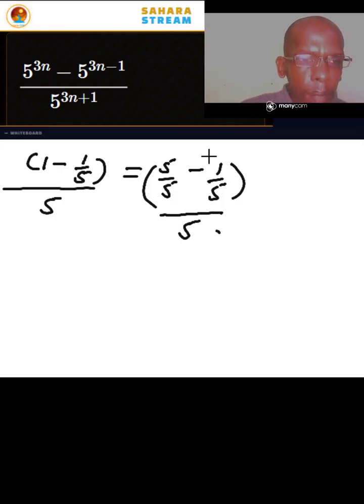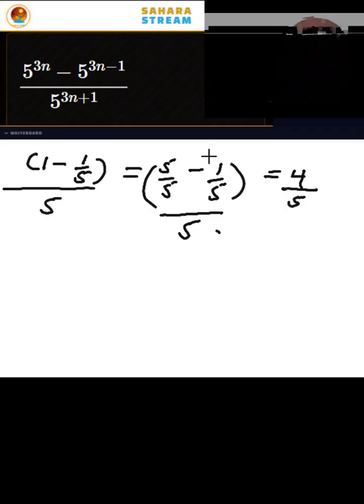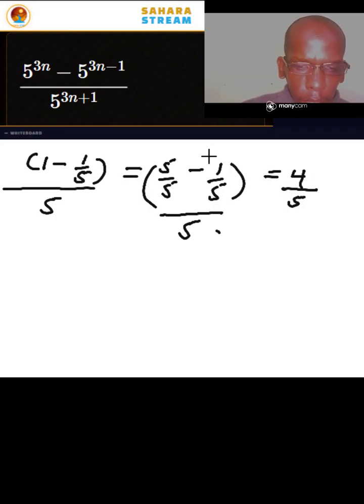From this one, I can say 5 over 5 minus 1 over 5, because the denominators are the same, I can just subtract the numerators directly. So I take 5 minus 1, which is 4, then all over the denominator, which is 5. So on the numerator side, I have 4 over 5, then on the denominator side, I have 5.